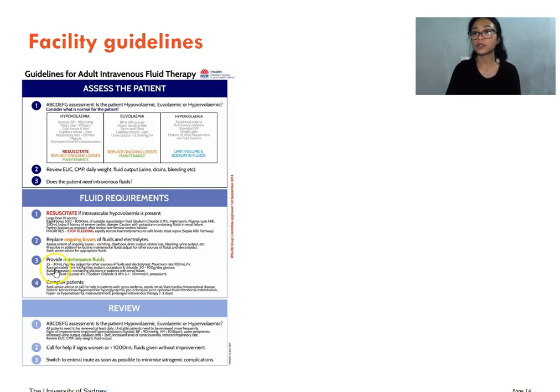Providing maintenance fluid looks at about 25 to 30 milliliters per kilo per day, at a maximum rate of 100 milliliters per hour. And so that just gives a good general guide of what you can expect when it comes to adult intravenous fluid therapy.